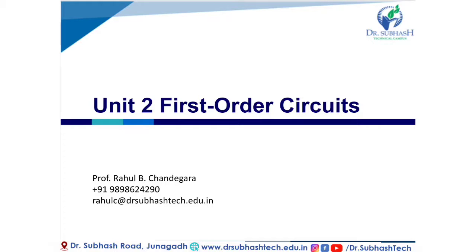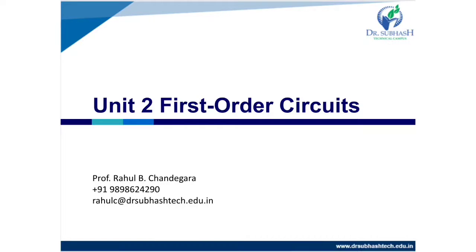By using KVL and Ohm's law, we can do mesh or loop analysis. By using KCL and Ohm's law, we can do nodal analysis. And then we studied star to delta conversion and delta to star conversion.